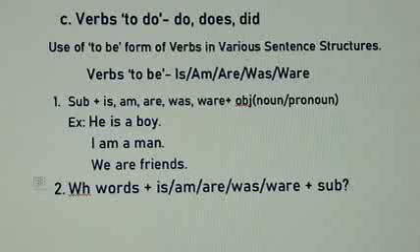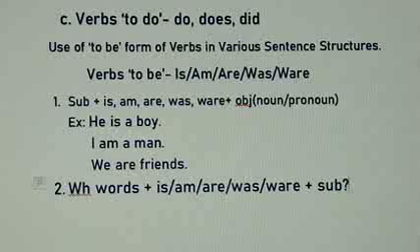The sign of interrogation, my dear student, basically shows that the sentence is based on a question. It means that somebody is asking a question. The structure is WH words, then the group of auxiliary verbs like is, am, are, was, were, and then the subject.